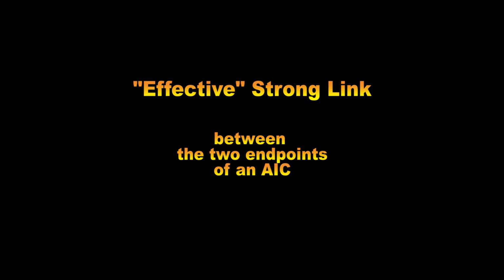I say effective because the formal definition of a strong link applies to those two endpoints even if they do not see each other. This type of false-true relationship is the result of the string of alternating inferences in the chain. We know that if one endpoint of the chain is false, then the other endpoint must be true, and vice versa. If A is false, then B is true.